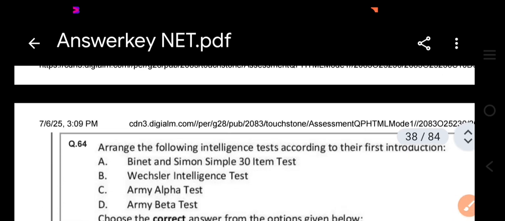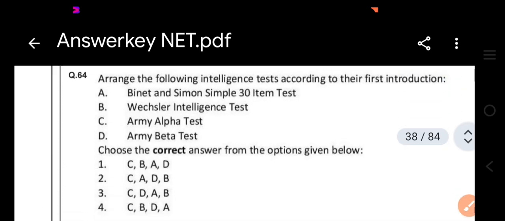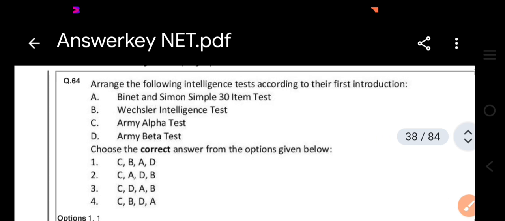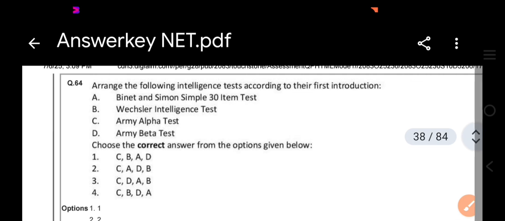Here we need to arrange the intelligence tests in chronological order. Given are the Binet and Simon 30 item test, the Wechsler intelligence test, the Army Alpha test, and the Army Beta test. It is a very easy question.